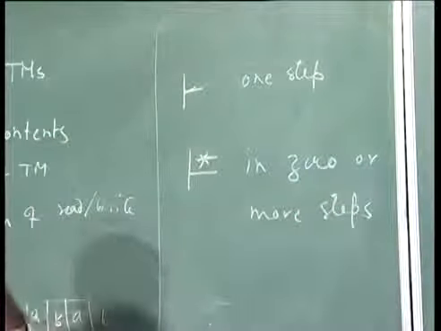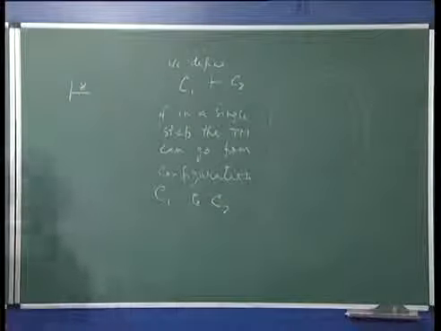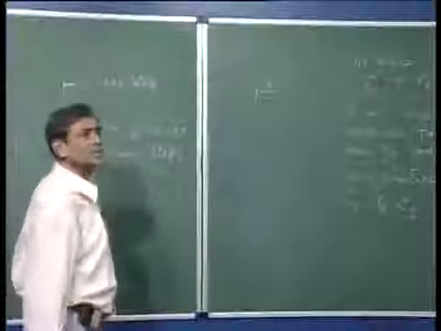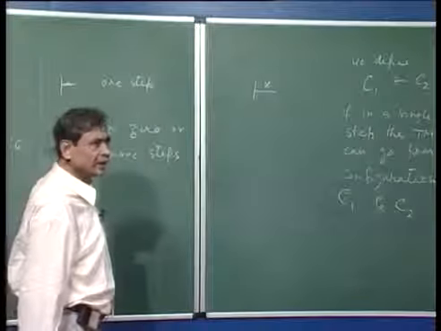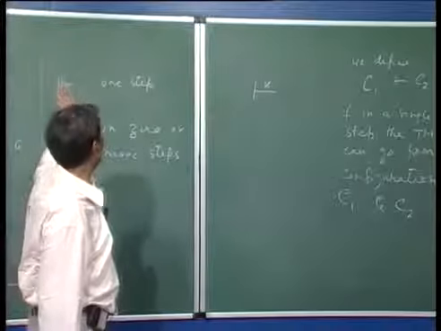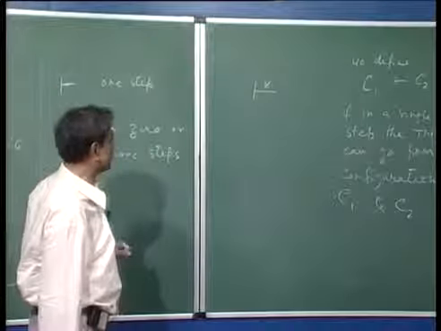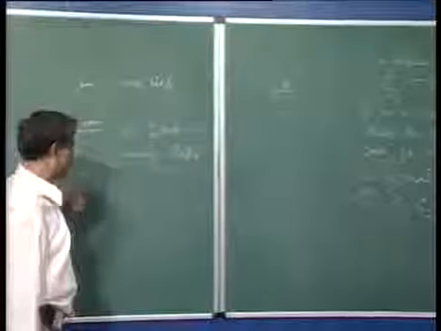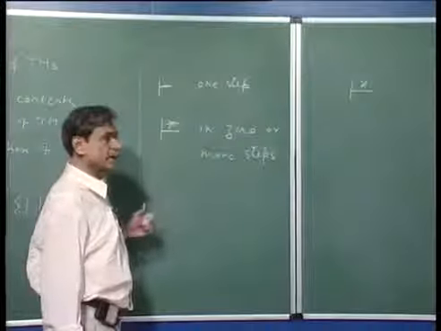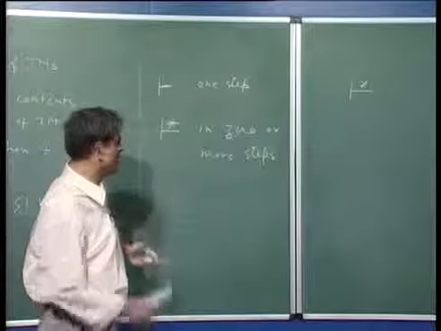One way of relating this is that this particular relation, which is again a relation on configurations, is the reflexive and transitive closure of this relation. Even without going into that kind of mathematical jargon, intuitively the idea is very simple.